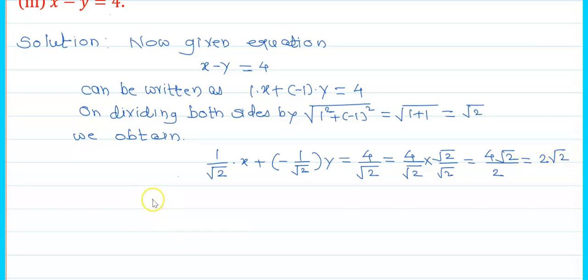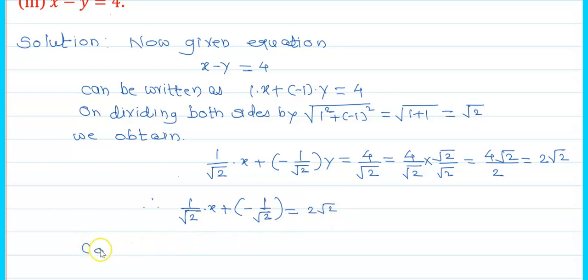Okay, and therefore this can be written as 1 upon root 2 x plus in bracket minus 1 upon root 2 y, and that is equals to 2 root 2.